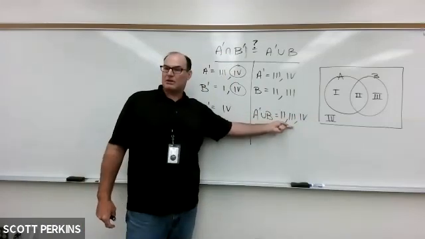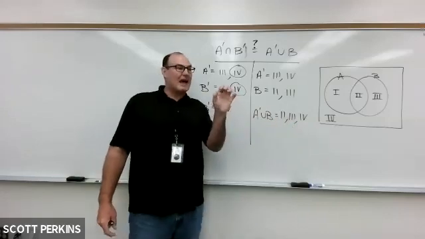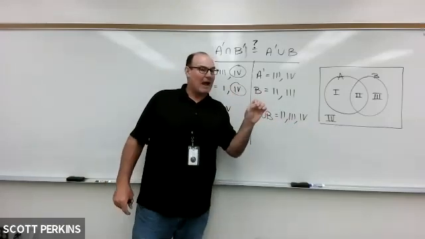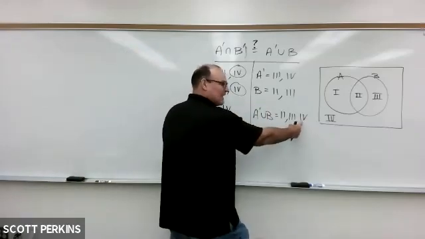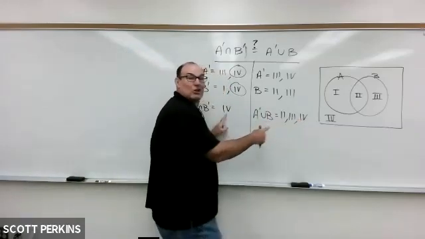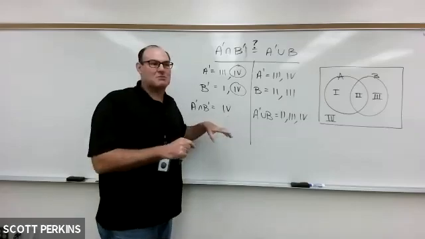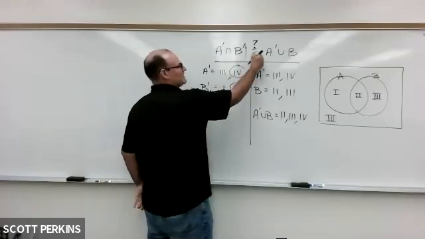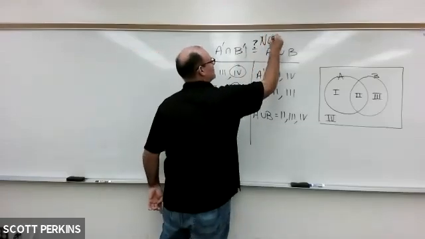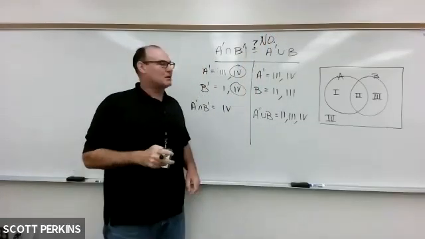No, because there are different regions. But you can see how I could make them the same. I could pick specific sets that only have stuff in 4, and then it looked like the relationship held. That's why we don't pick just specific sets. So is this always equal? The answer is no, it's not always equal.